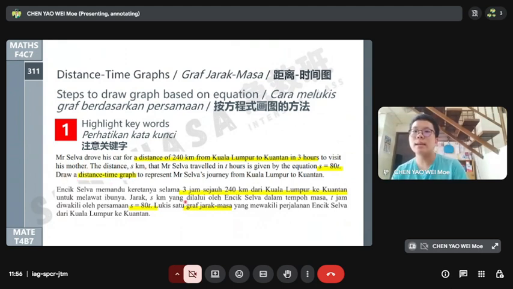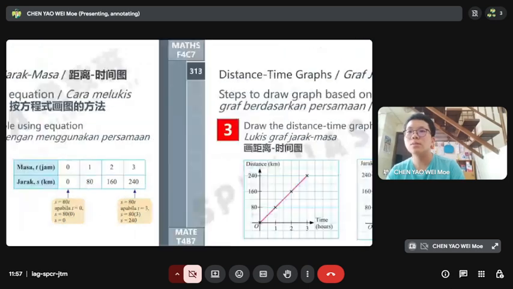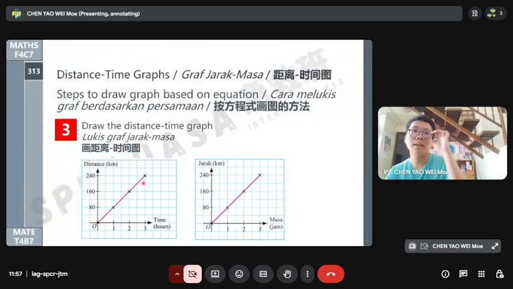Okay, bagus sangat. 3 jam 240 ada. Okay, Kuantan to Kuala Lumpur ada. S equals 80T ada. Satu graph jarak masa. Okay, we are using the equation to construct the distance time table one by one. After you do this, remember the units. Okay, the units, and next you draw the graph like what you learned just now.